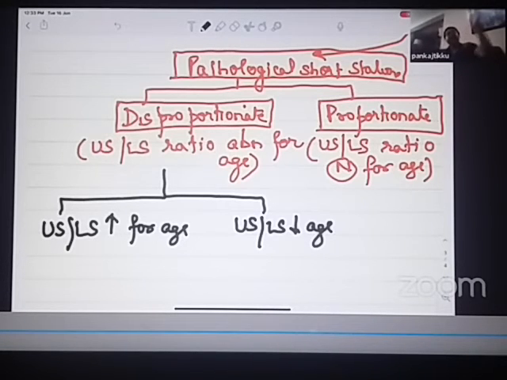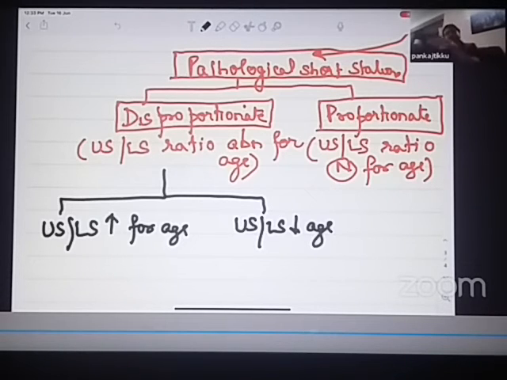If this ratio is not 1.3, either more than 1.3 or less than 1.3, it is known as a disproportionate short stature. You understand? If it is 1.3 for a 3-year-old child, it is proportionate. If it is less than or more than 1.3, it's not matching, then it is disproportionate.